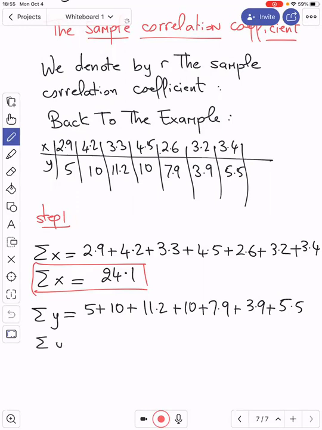So if you use your calculator, I think the sum of the y's is going to be 53.5. All right, so that will be the sum of the y's.